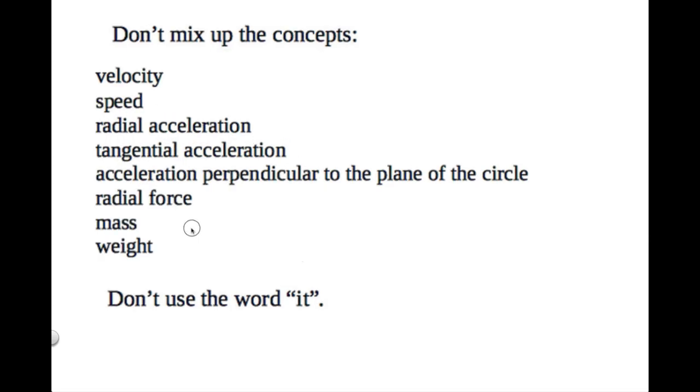Don't say "it measures the quantity of matter," or "it represents the downward pull on the object from the Earth's gravity." Instead, say the mass measures the quantity of matter, or the weight force represents the downward pull on the object due to the Earth's gravity.